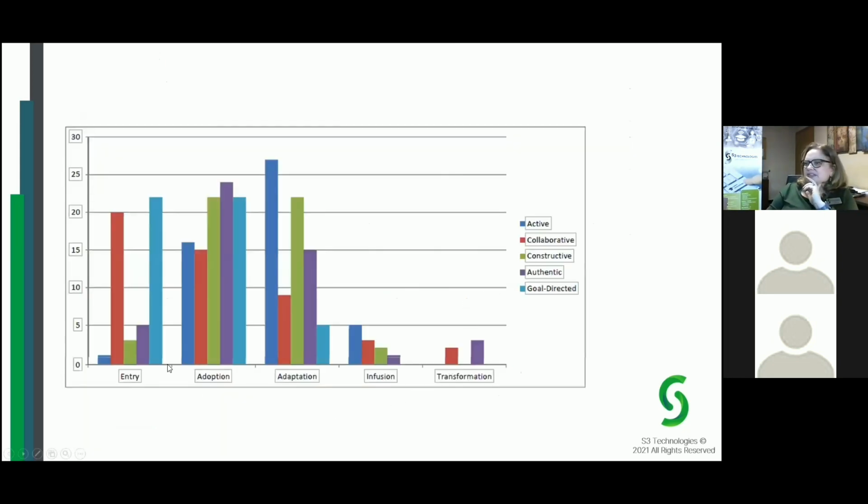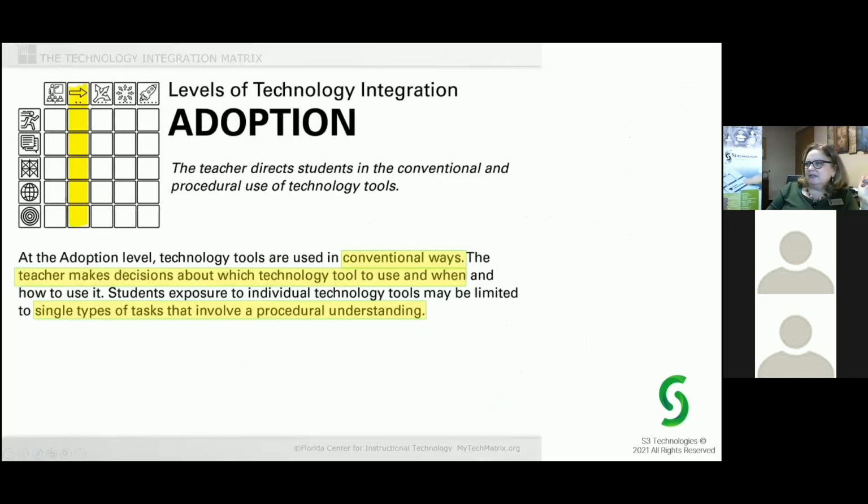And then you can see, this is a nice overall graph of where they were mostly at adoption. This is a beautiful slide that the FCIT has on their website, these wonderful slides that you can use with the teachers. And it just sums it up. Okay, you're using technology in conventional ways. You're still making the decisions about it.